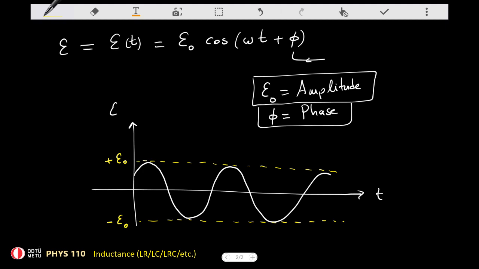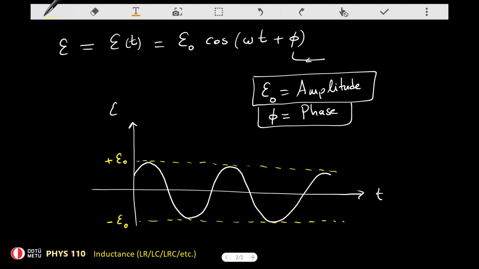There's also a phase argument here. So what happens to the phase? The phase essentially changes the initial value, or you can think of it as shifting that curve to the right or to the left. With a different phase, you would have this kind of curve, for example. It will just be phase shifted.